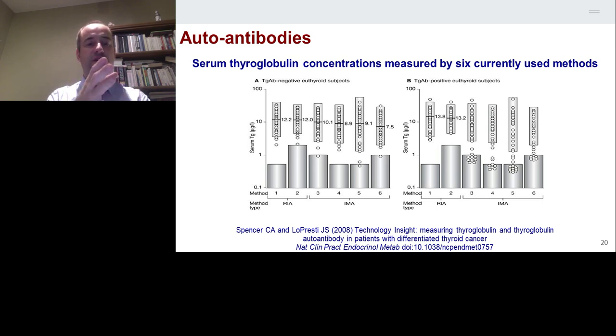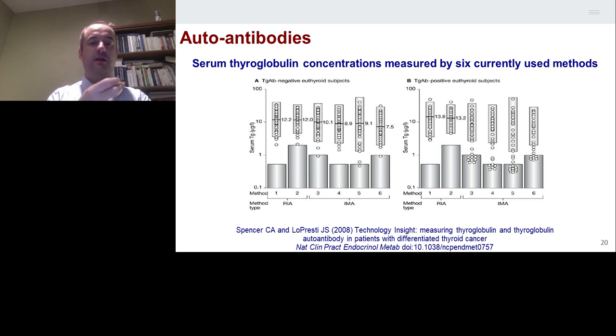So you have false negative TG results in patients with positive anti-TG. The consequence could be important in patient monitoring for thyroid cancer, when you can miss some metastasis or recurrent cases.